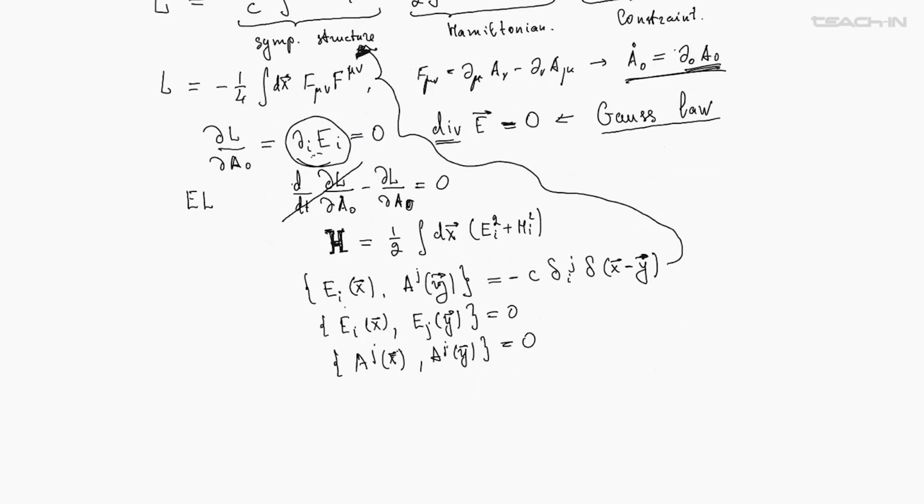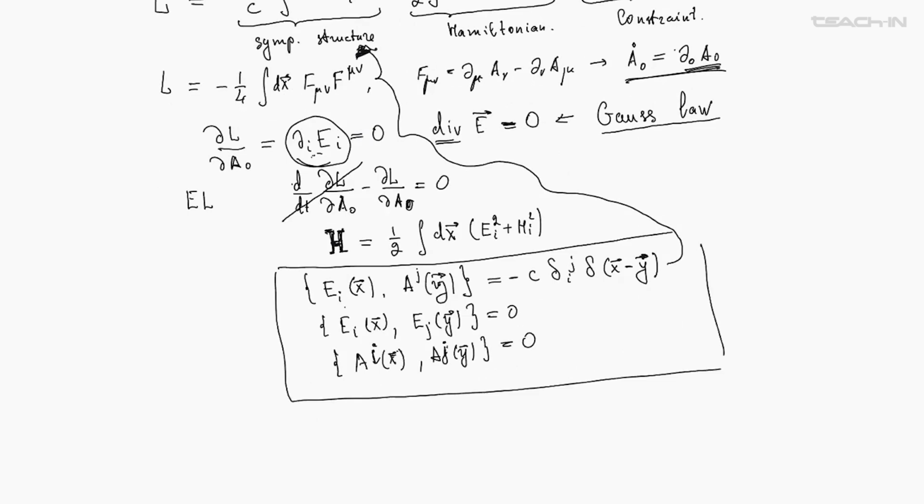So the structure is canonical. That's what we call canonical Poisson bracket. Momentum with the coordinate gives delta function and Kronecker delta, while components of momenta commute between themselves and the coordinates commute between themselves with respect to the Poisson bracket.